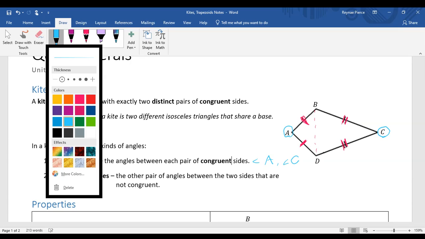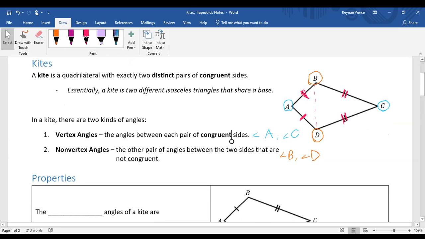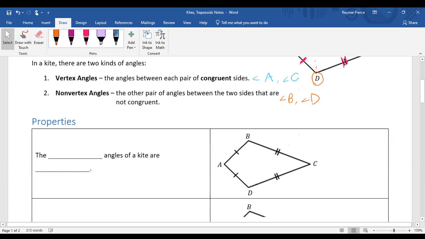And then the non-vertex angles are B and D. They're between the sides that are not congruent. So that's the definition and some special parts of the kite.